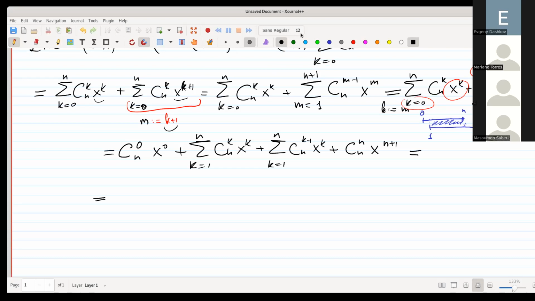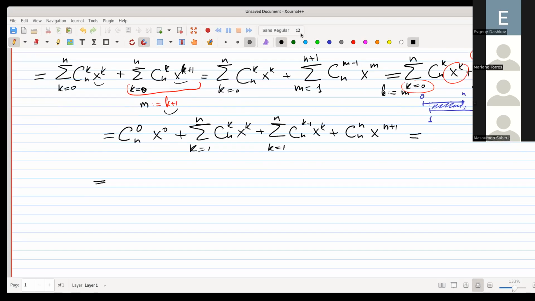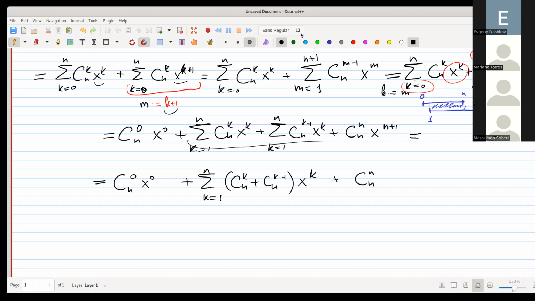But look, what do we have here? In these two middle terms we can group like terms together. So we have n choose k plus n choose k minus 1 multiplied by x to the power k, and here we have these things.